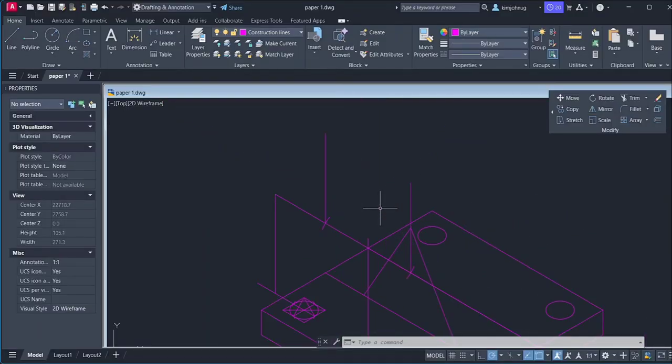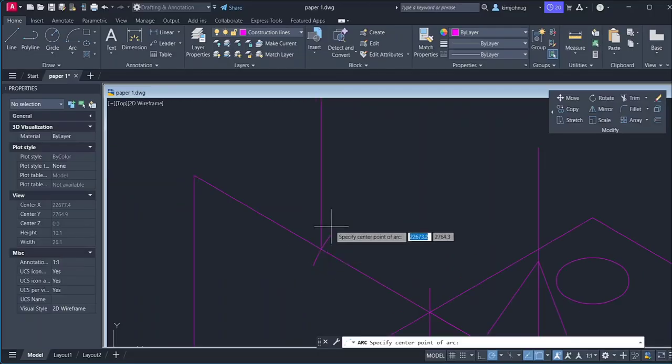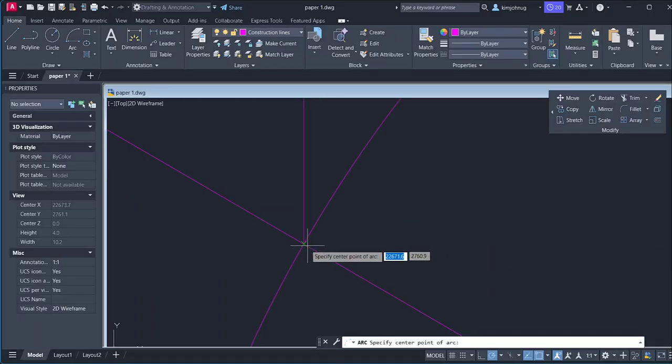So those 2 lines are there. On this line there are of course 2 centers. I'm doing my diagram here. I'm going to draw the arc again of 20.